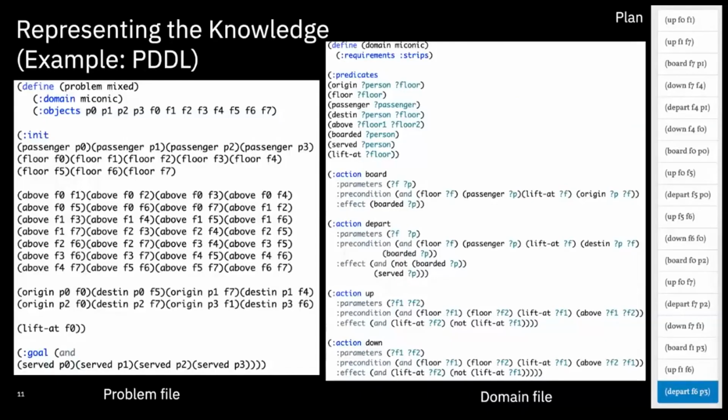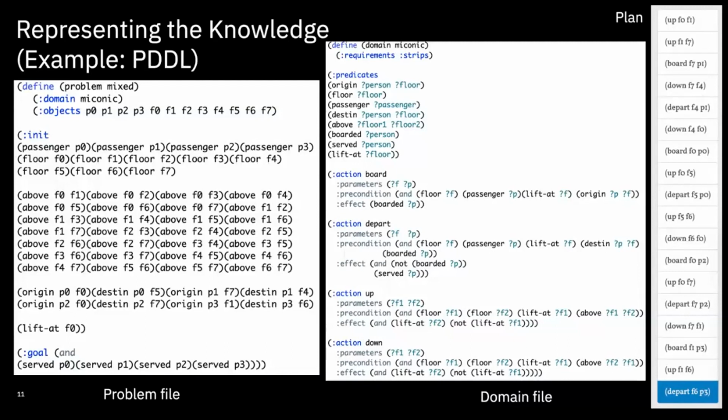Okay, now let's talk about the planning language, that is, how to represent the domain knowledge. In this example, I'm going to be showing language written in PDDL, or Planning Domain Definition Language. There are other languages as well, such as HDDL, a language to describe hierarchical planning problems, or RDDL, that's used for probabilistic planning. We'll just talk about PDDL here.